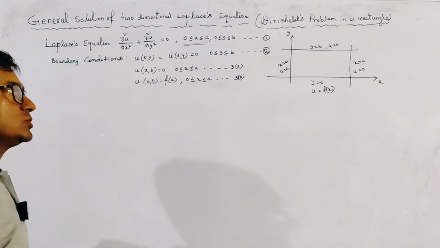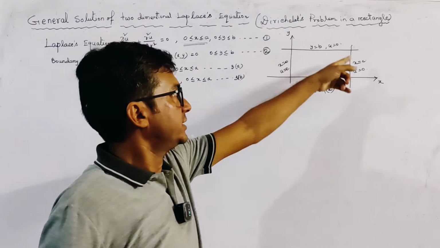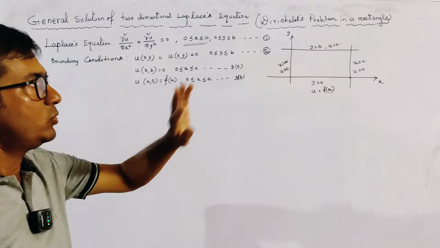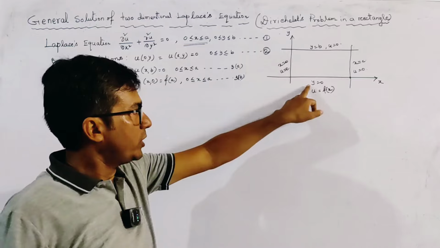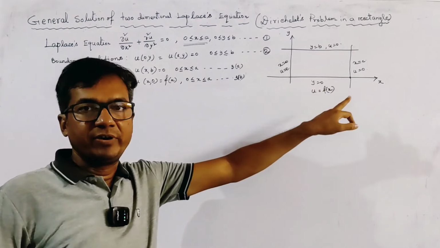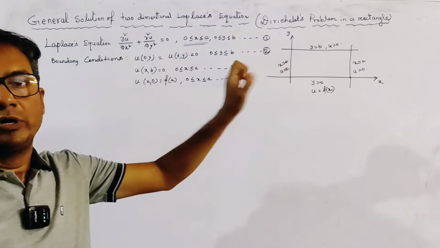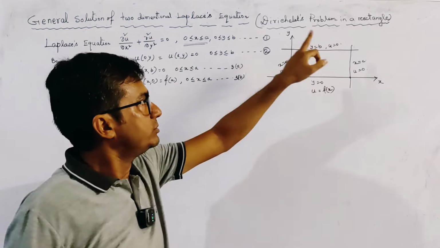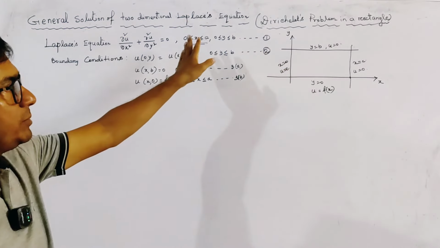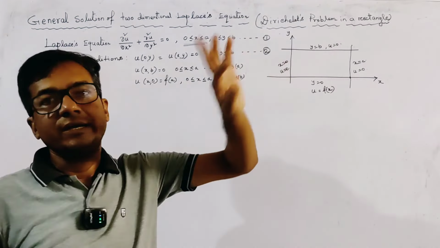That is, on three sides the value of u is 0, and on the side y equal to 0, the value of u is f(x). These are the boundary conditions on the four sides of the rectangle. So this problem is said to be in a rectangle.